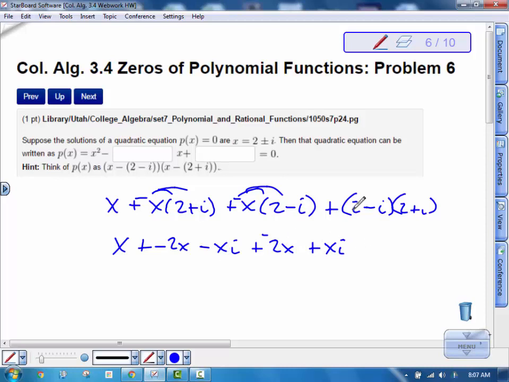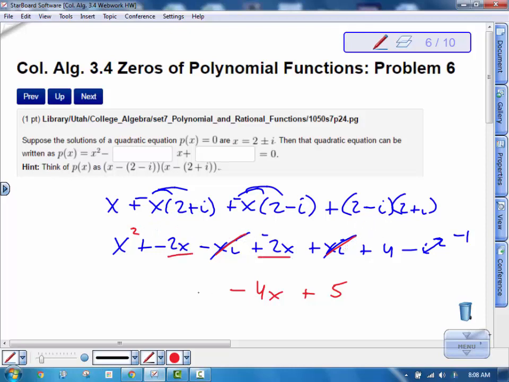And over here, I get 4, middle terms cancel, and the last is negative i squared. i squared is negative 1, so we have 4 plus 1, which is 5. And then we have these terms cancel. These terms cancel, and then I have negative 2x to make negative 4x. I'm sorry, this should have been x squared right there. First term, x times x is x squared.